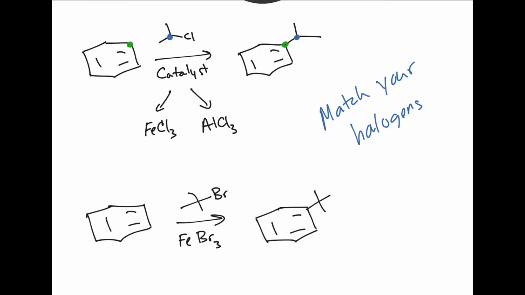So let's talk mechanism. We're going to do the top reaction. The mechanisms are the same for catalyst and halide, it doesn't matter what they are. So we've got our benzene.